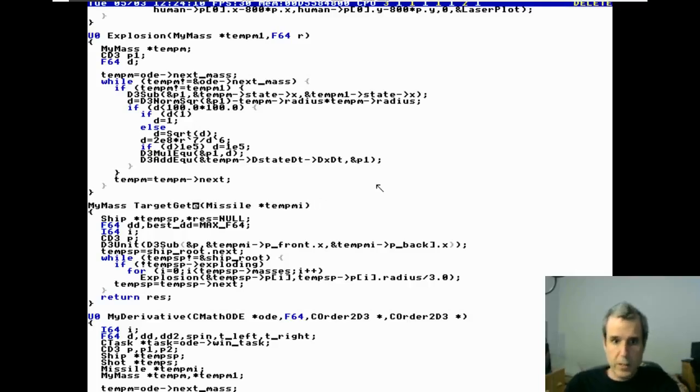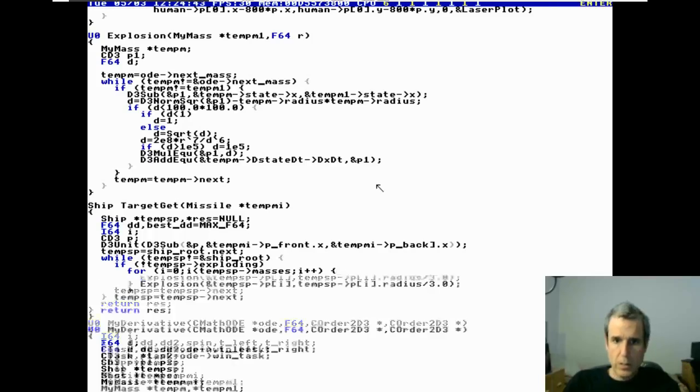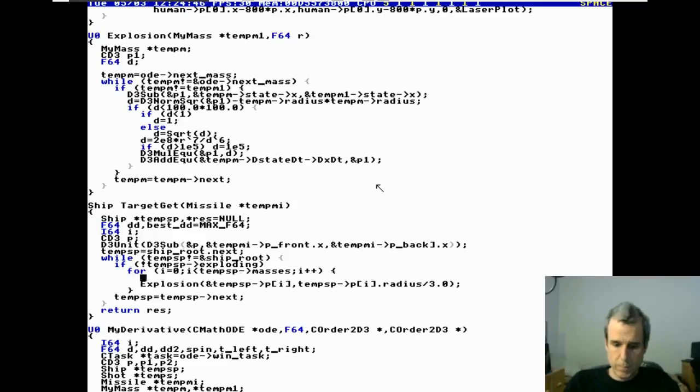What target get? Do we want a mass or a ship? I guess let's do a ship. That's kind of cooler. Okay, missile. So it's kind of bad to use. Oh well. P1.